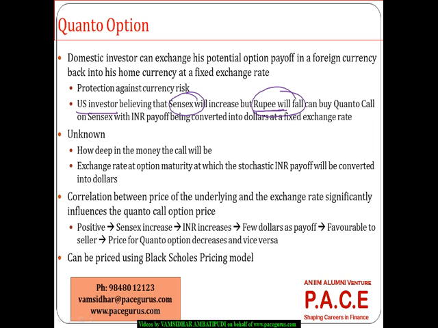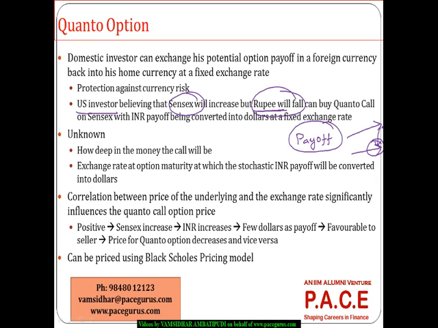Now, in this, what are the uncertainties? One, what could be the payoff that could get generated on the Sensex or the Nifty? By what extent is it going to go up? And at the same time, at what rate is the exchange rate going to go up by that time? Because this will be converted into the domestic currency at the exchange rate prevailing on this particular date.